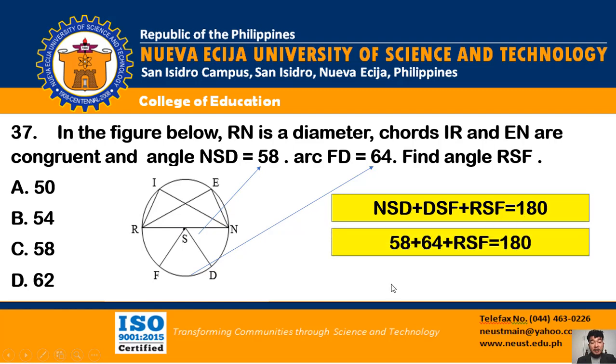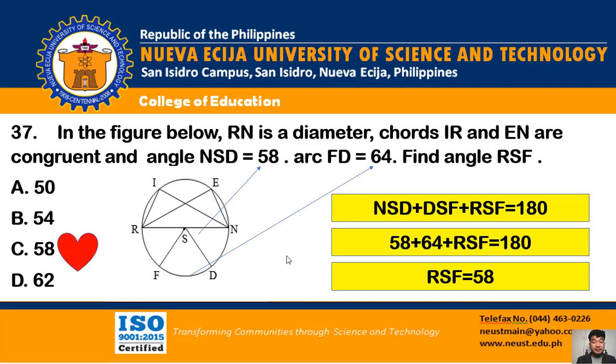And then we put in all the known values. NSD is 58, then DSF is 64. Then we are looking for RSF. You solve for that, doing some algebraic manipulation here, RSF is equal to 58. That is letter C.